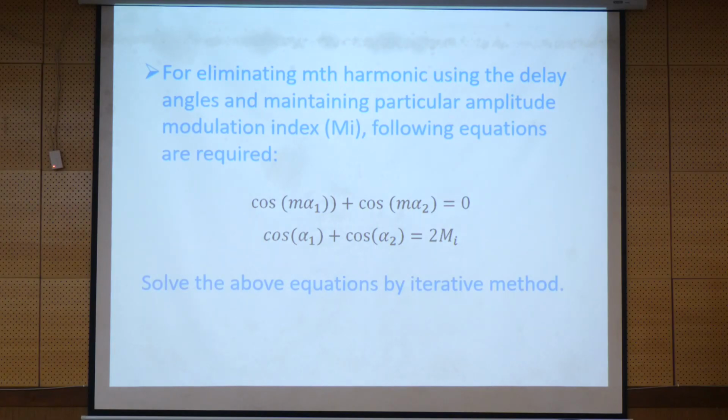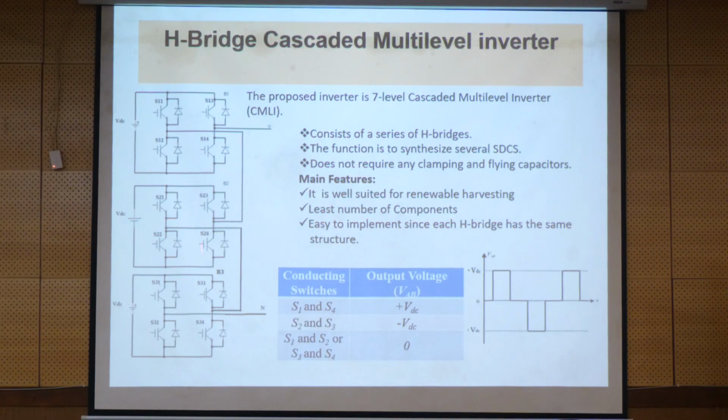Then this is the 7 level output that we are having with the cascaded H bridge multi-level inverter, by adding one more DC source here. This waveform is not the one I will give; the 7 level output is what we obtain using the cascaded H bridge multi-level.